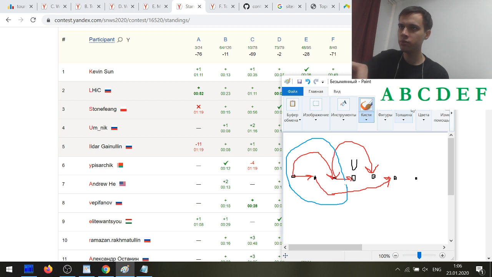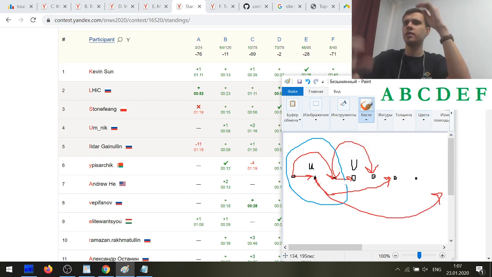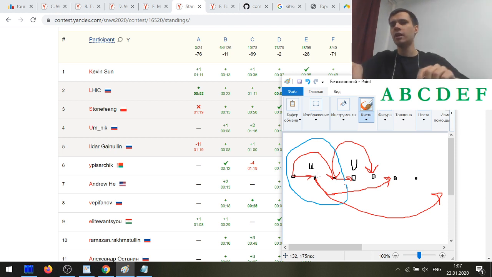So suppose that we have some vertex U such that it has more than one edge going outside, but the first edge, the edge that goes as close on the sort order as possible, goes to a vertex after V. Okay, so suppose that from this vertex U we don't have any edges going to V or before. Let's say we don't have any edges to the yellow area, but we only have edges to the right. In this case, obviously we cannot reach V from U, right? If we cannot reach V from U, then the answer is no to our question, and then we are done. We don't need to do anything about vertex V.